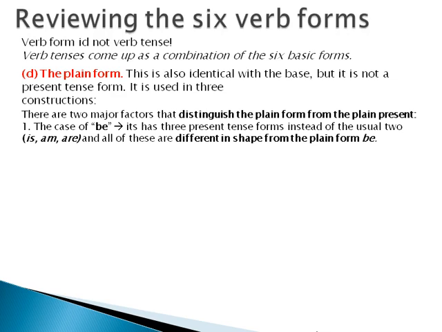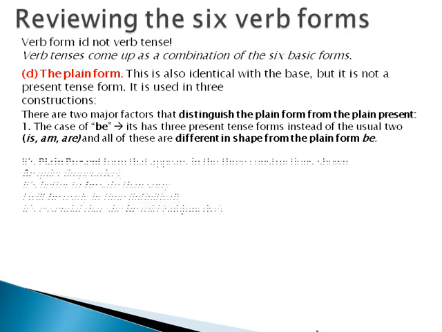Be plain present is is, am, are. This is the difference between plain form and plain present. And that's why I told you plain form is everything else that is not simple present.